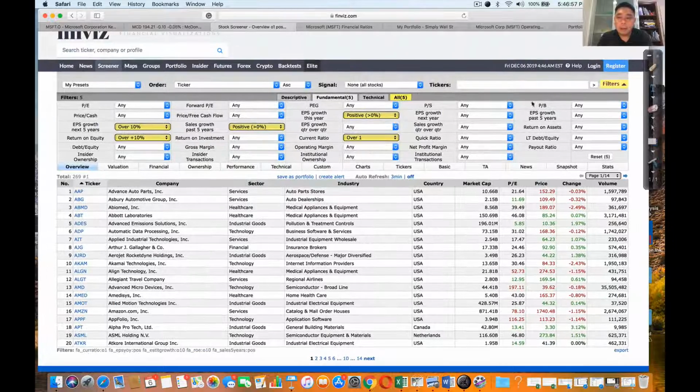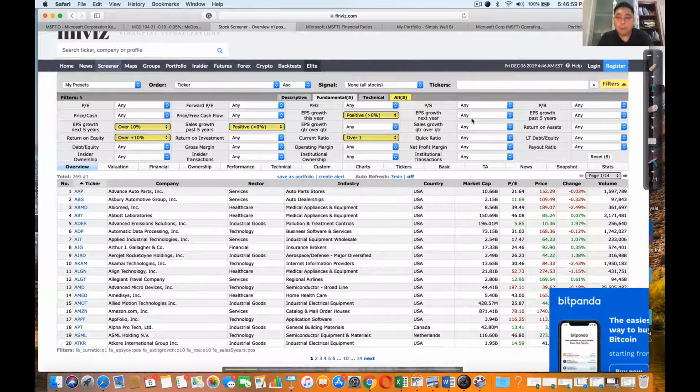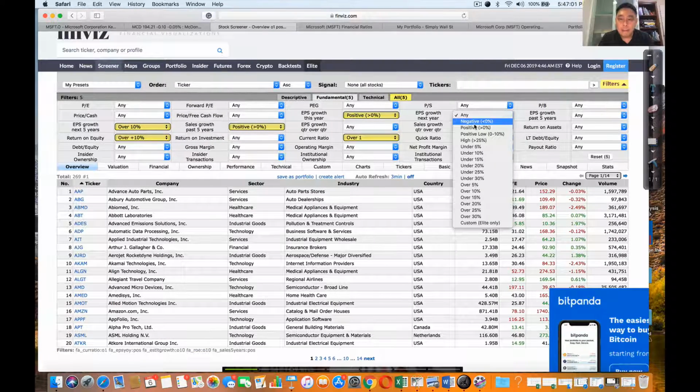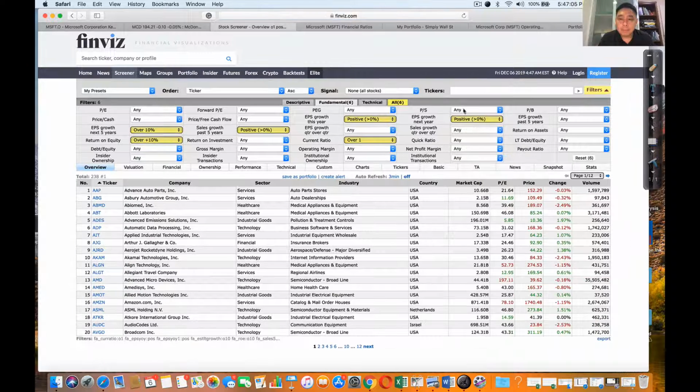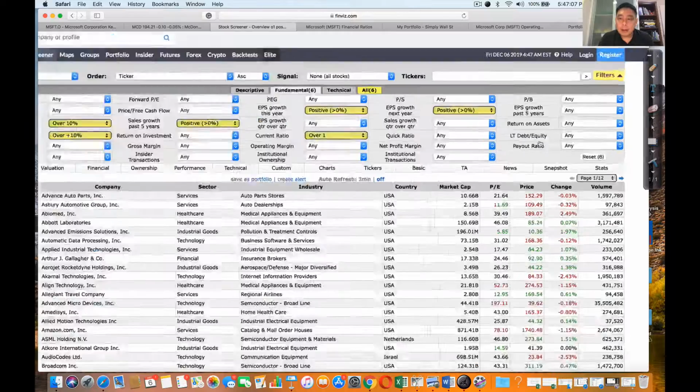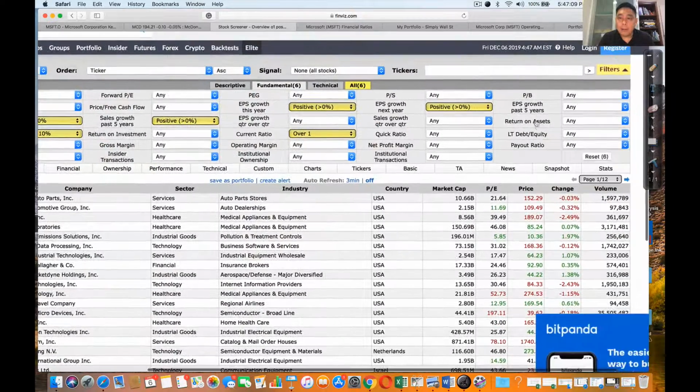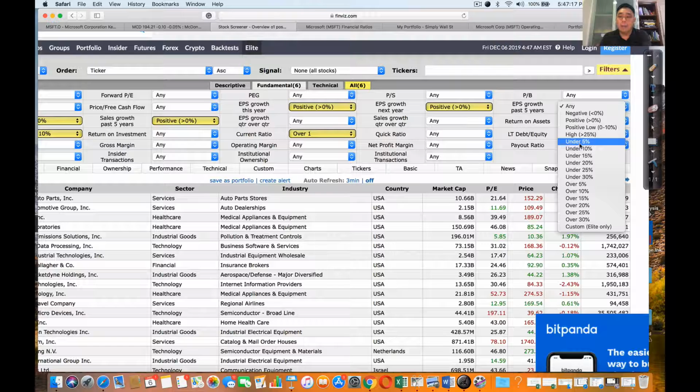I want a company to have positive growth next year. And I want the company to have earnings growth for the last 5 years of, again, it could be positive, above 5%, above 10, above 15.